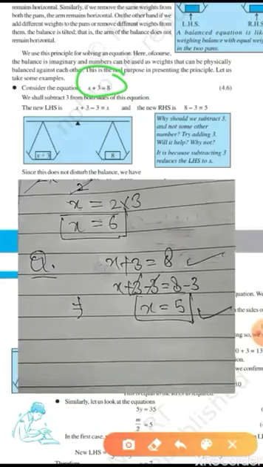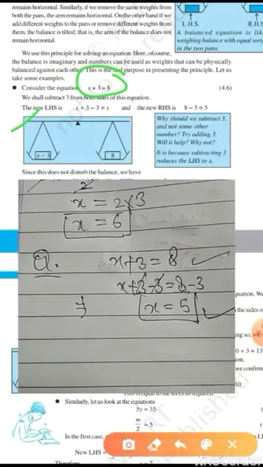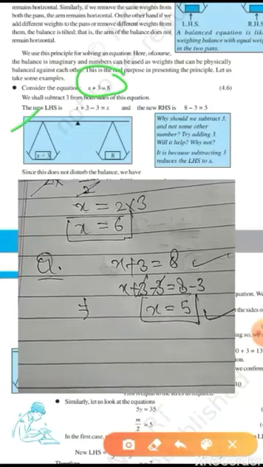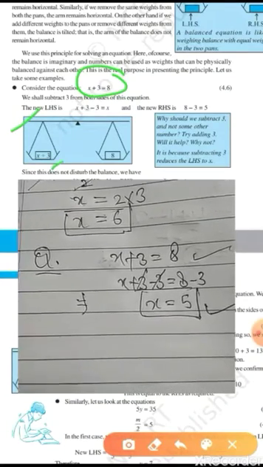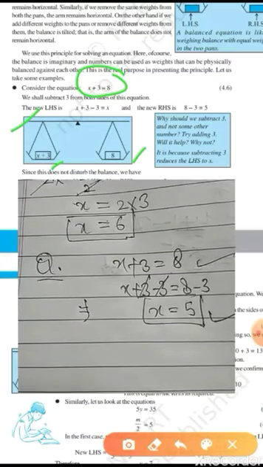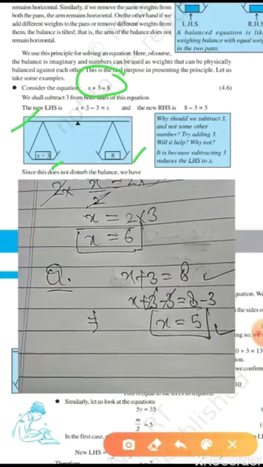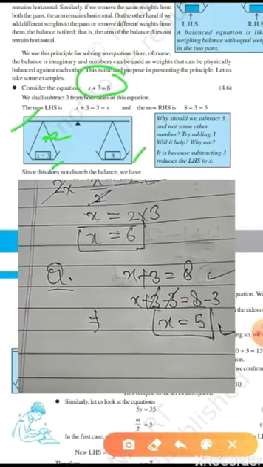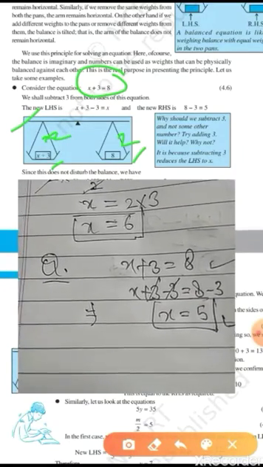Now see this weighing balance. If x plus 3 is equal to 8, it means the weighing balance is balanced. Okay, if you add 2 here, we have to add 2 here also.